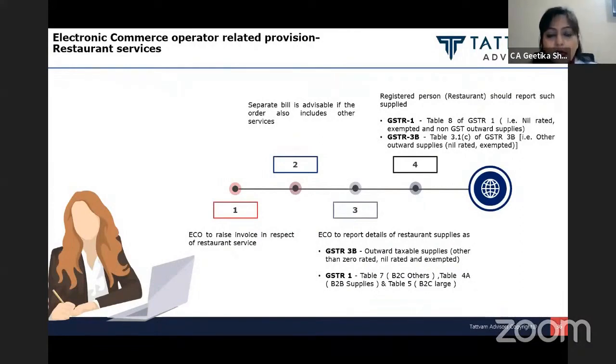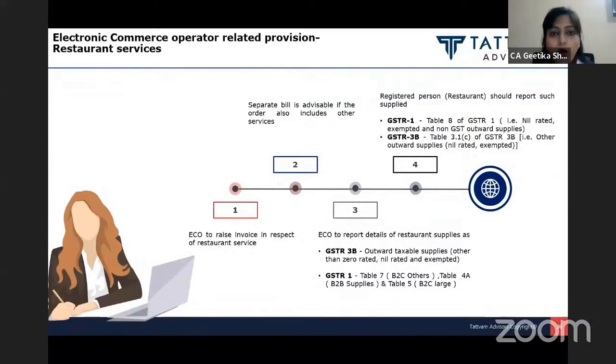Normally, outlets like Bikaner Wala, Haldiram, and any such eateries provide restaurant services, and they also have certain over-the-counter sales of packed products, sweets, namkeens, etc. So the question that started coming up was, because we are falling under restaurant, whether everything sold through the e-commerce platform has to be covered or not?